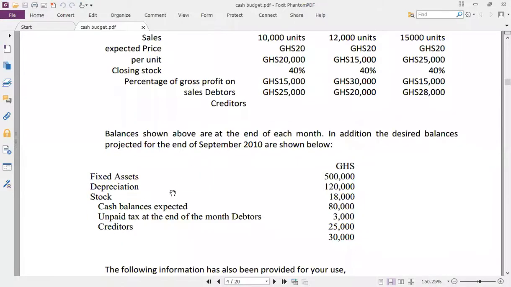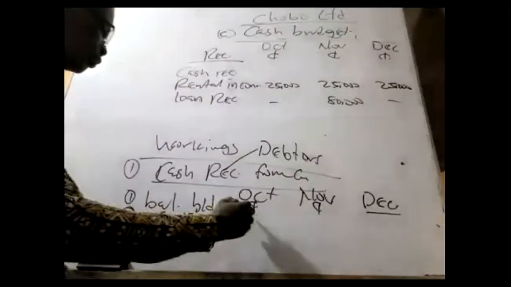Opening balance of debtors for the first period: debtors is 25. Can you check this from the last figure? That one is 30. The last figure is 30. So the opening balance is 25 here.